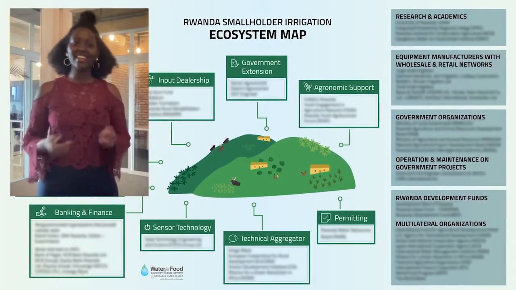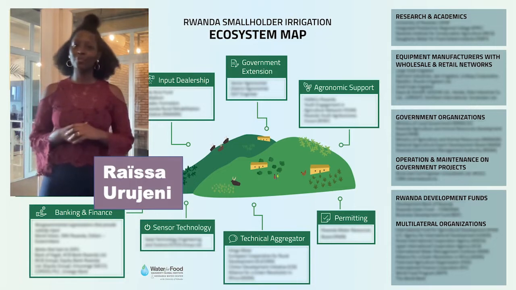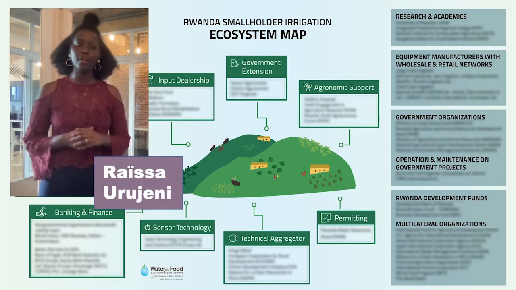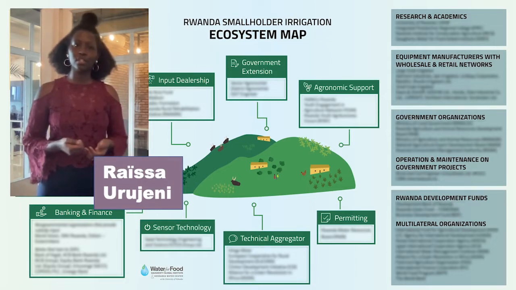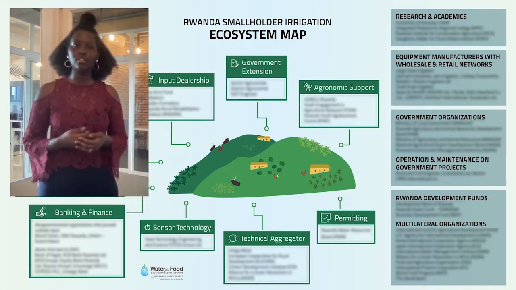Thank you, Natacha. Let's take a closer look at the Rwanda smallholder irrigation ecosystem map, which captures irrigation businesses serving smallholder farmers as well as the broader irrigation ecosystem in the country. It includes a range of partners, founders, industries, university programs, and advocates that intersect with and support the irrigation pump market.